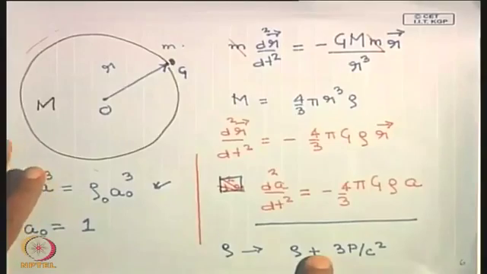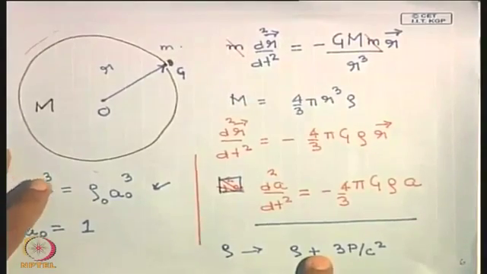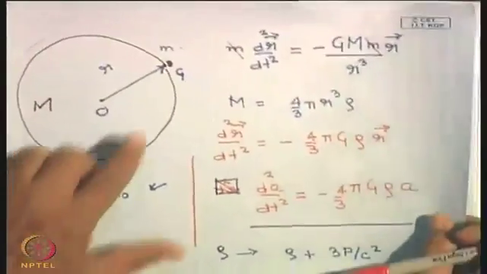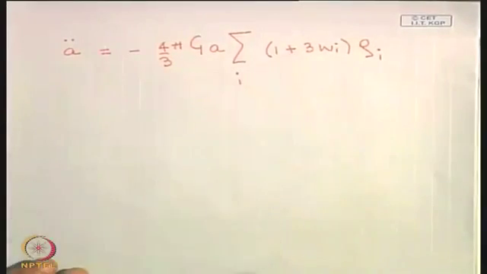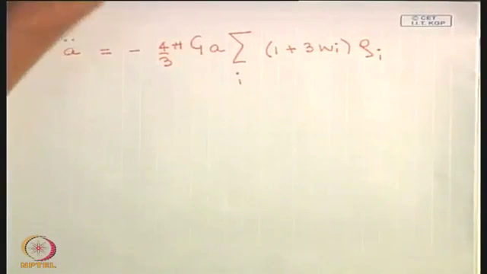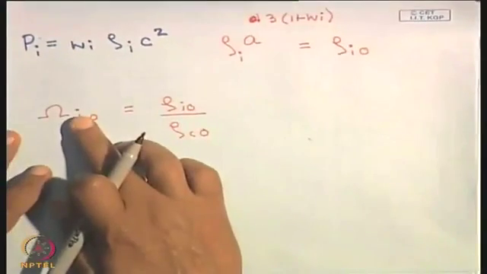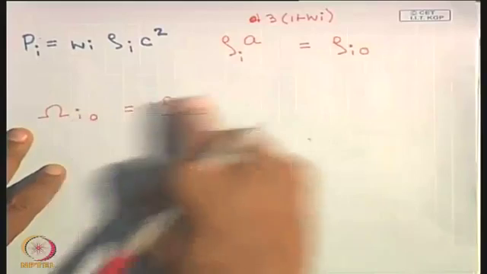This comes from Einstein's theory of general relativity. So this is the equation that governs the acceleration or the dynamics of the universe, and this equation can also be written in terms of the density parameter at present for these different components.